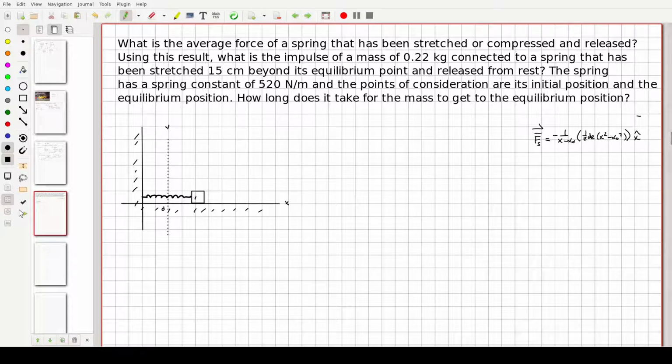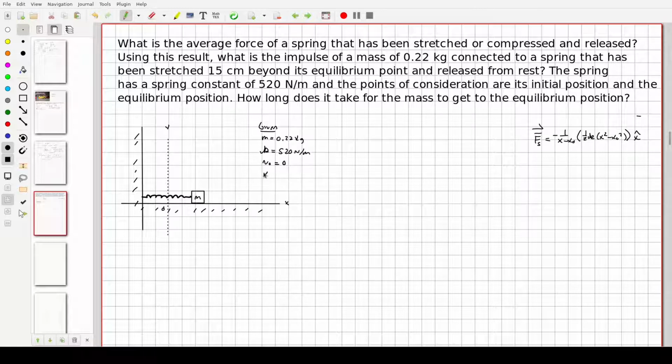So here's our mass. Now what do we know? We've been given that the mass on here is 0.22 kilograms. We're given a spring constant of 520 newtons per meter. This thing has been stretched 15 centimeters beyond its equilibrium point and it's been released from rest. So that tells us our initial velocity is 0.